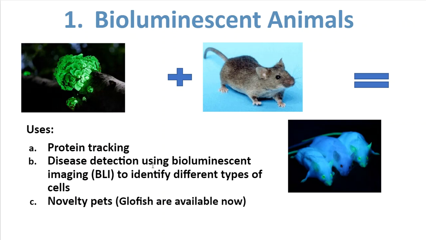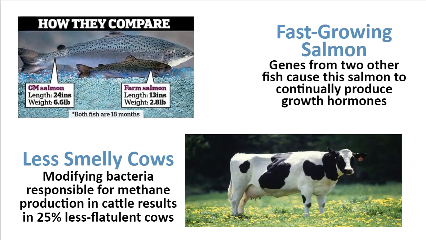Disease detection using bioluminescent imaging to identify different types of cells. So if we can insert some cells with this glowing, then possibly we can follow or find diseases. And then money, novelty pets, like you can buy glowfish right now. So these are bioluminescent animals.